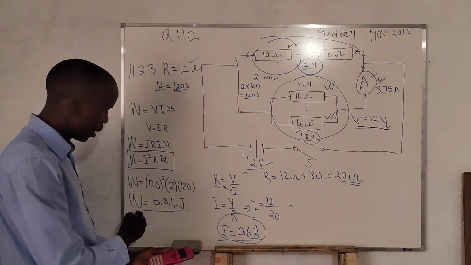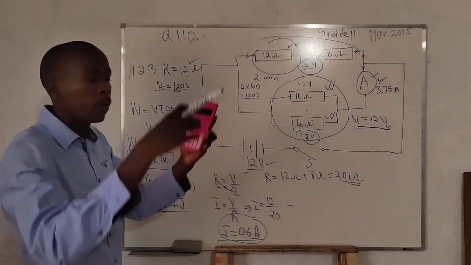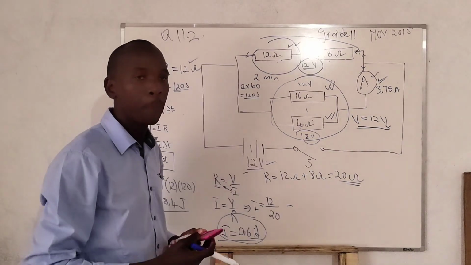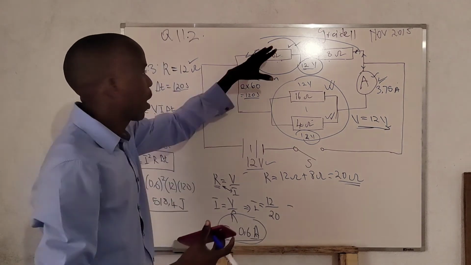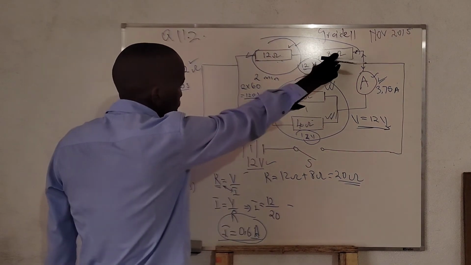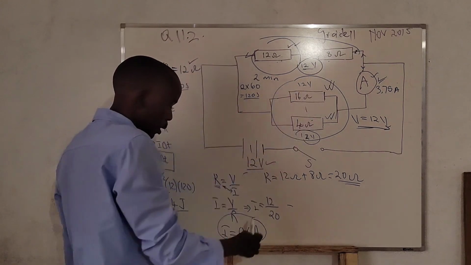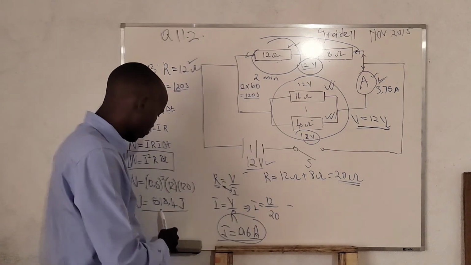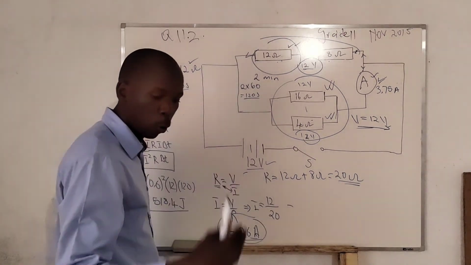The unit of energy is joules, and the units are very, very important. The question was worth 5 marks, and we had to firstly find the current passing through this section, and we had successfully done that. So this is how we solve this problem.